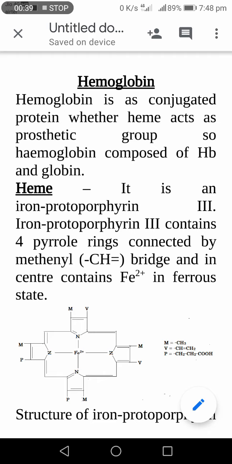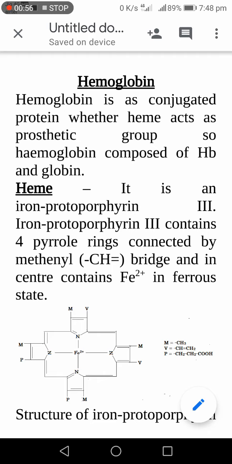So first of all, the non-protein part, that is the very important part, the heme. The chemical name of heme is iron protoporphyrin 3.